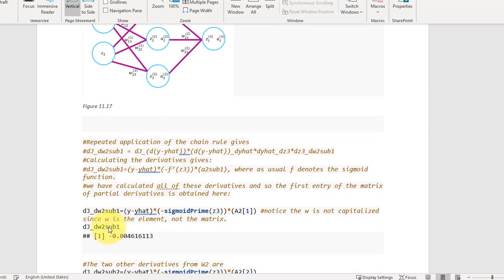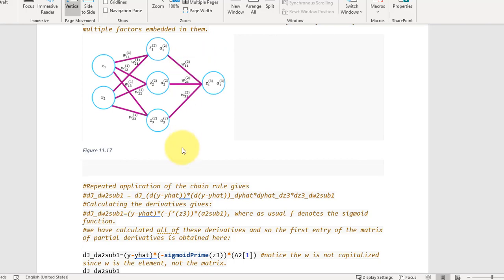Remember, we're going to subtract this from the weight to get the new weight. Let's ignore the learning rate for now. And so subtracting a negative means adding it. So whatever it is, that's the way the gradient descent algorithm is telling us to adjust this weight to get a new weight.